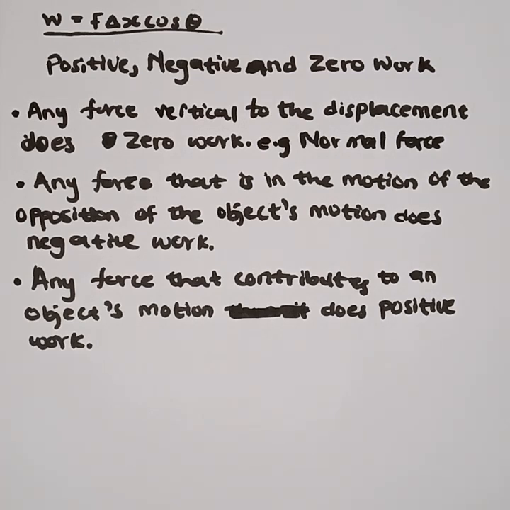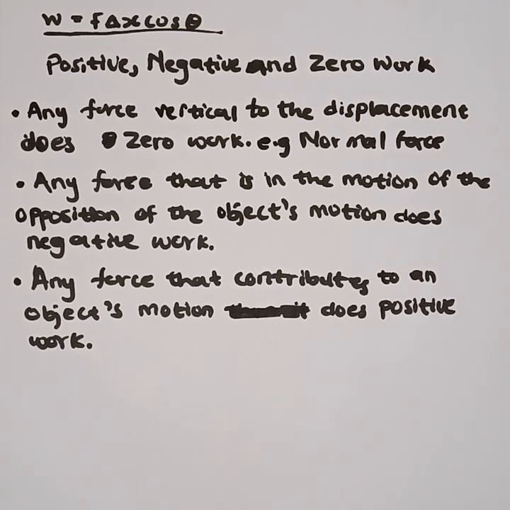Now, any force that is in opposition to the object's motion does negative work. What could be an example of that? If it's not our famous friction force? Friction force always does negative work because it acts in the opposite direction of the motion.